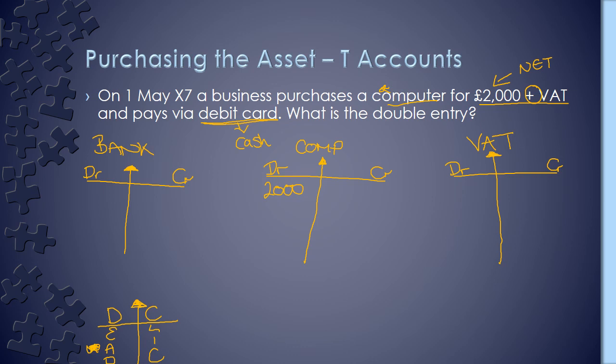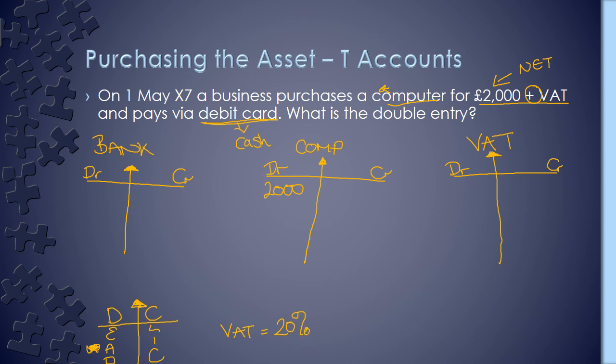And then we need to have a look at where the other sides of the transaction goes. So let's think about this. First of all, we know that the bank is going to take the full amount, so it's going to be the net plus the VAT. We're going to assume VAT in this question is just the normal UK 20%.